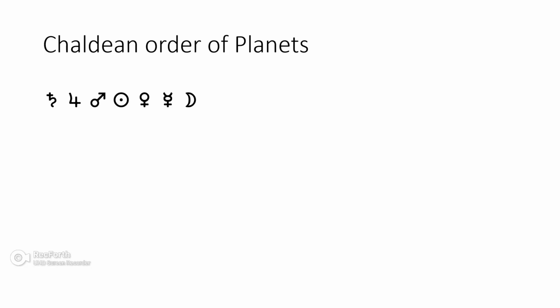And this is the descending Chaldean order. You could have the ascending Chaldean order by saying Moon, Mercury, Venus, Sun, Mars, Jupiter, Saturn. And so the speed of the planets seems to be a fundamental notion for us in astrology.